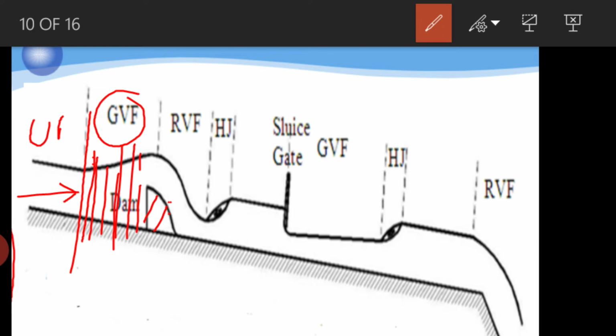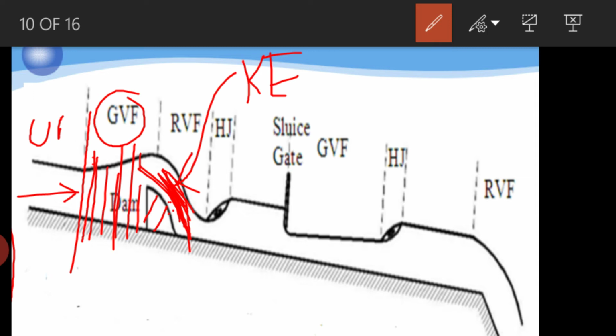The moment it falls down from the crest of the spillway, this is called the dam spillway, it will have a huge kinetic energy. And the condition of flow here is called supercritical flow.